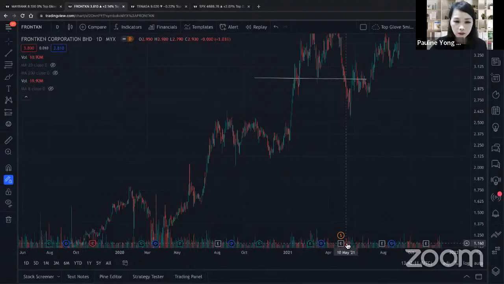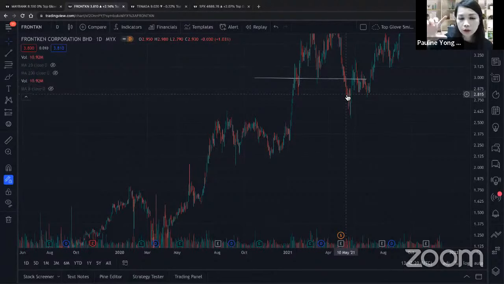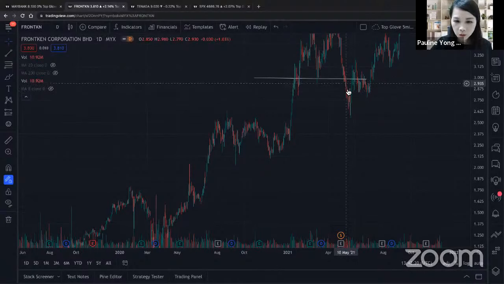That means there is strong selling pressure. Another way of looking at it is the candlestick. The candlestick is a huge bearish candlestick, a huge red bar. It's not a short bar, it's a huge price action. So with this huge price action followed by the volume spike, it is a genuine break.